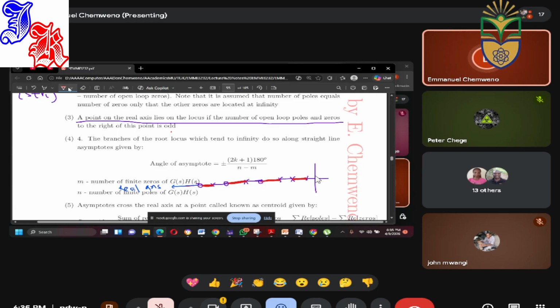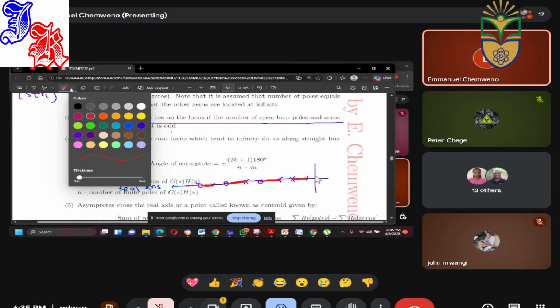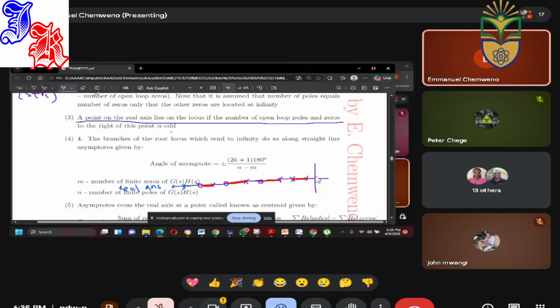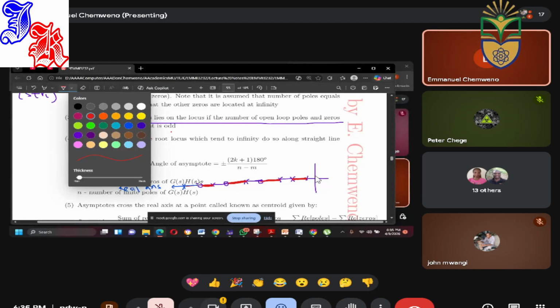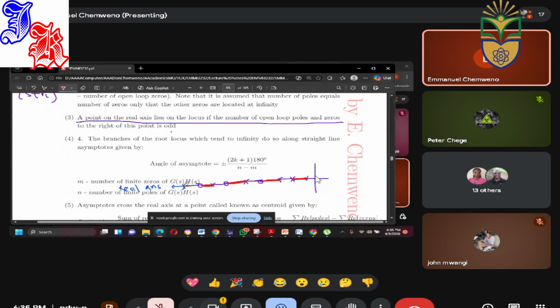So if I had another pole, let me say a pole here, then the number here is odd, and from here the number is even. So every point to the right of this pole, all the way to infinity, is part of the locus. Meaning that this pole will terminate at infinity.